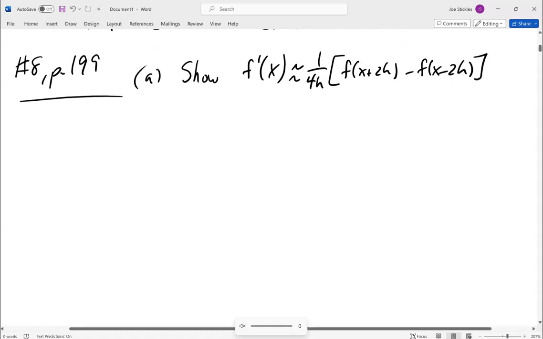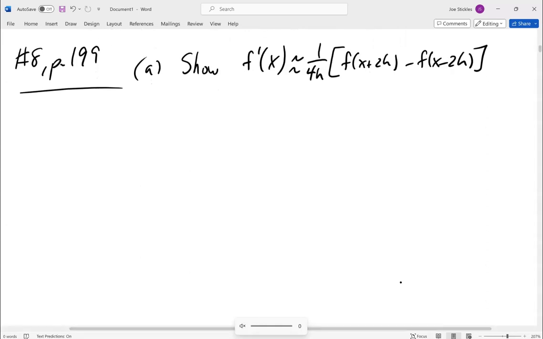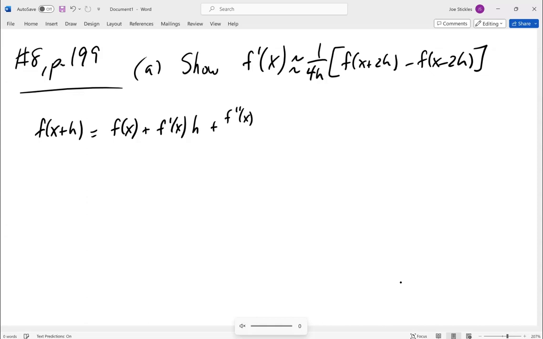So remember, for your Taylor series at a particular point, if I do, say, f of x plus h, that should be equal to f of x, and then f prime of x times h, and f double prime of x over 2 factorial h squared.